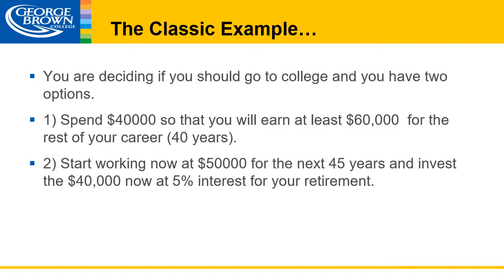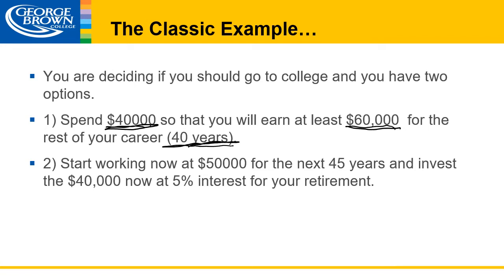All right, so here's the classic example that every single economics professor will ever give you. You're deciding if you should go to college, and you've got two options: you go to college, or you don't go to college. If you go to college, you're going to spend 40 grand over the next 5 years. But you hope to get a little bit of a return off that, in that you're going to make 60 grand a year for the rest of your career, which we'll call 40 years.